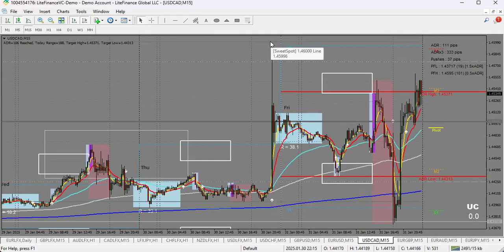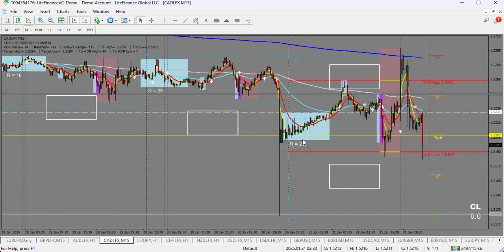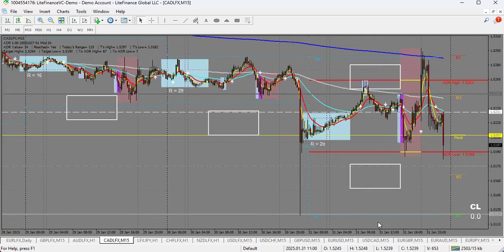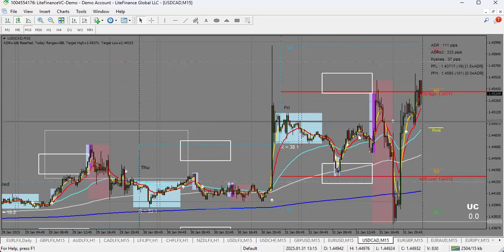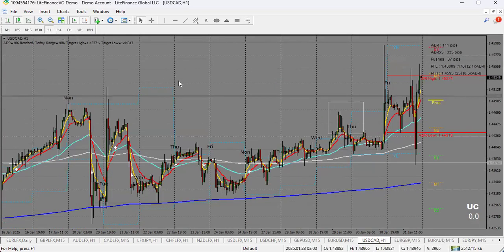You can view it very well in the 15-minute chart. If you go to any other CAD pair and look at the CAD index, you can see the CAD was selling, and the result is USDCAD did buy, the same for EURCAD, GBPCAD, and CADCHF selling.